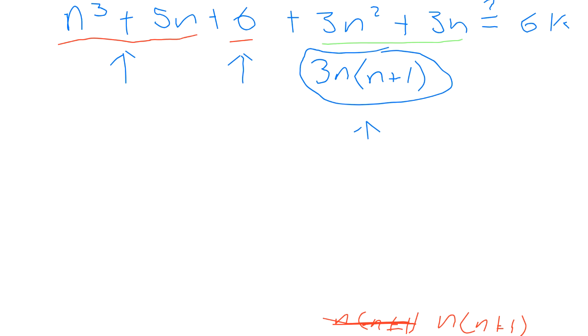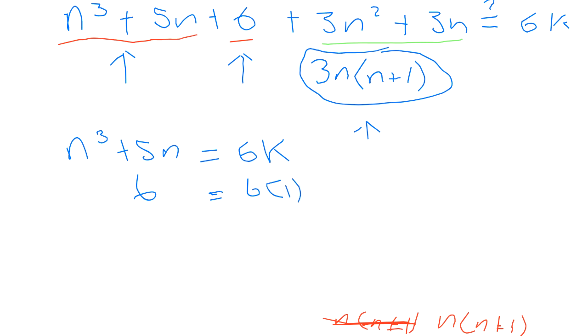So in the next line, you'd write n cubed plus 5n. I can't bother to write it because of time. n cubed plus 5n is equal to 6k. 6 is equal to 6 times 1.